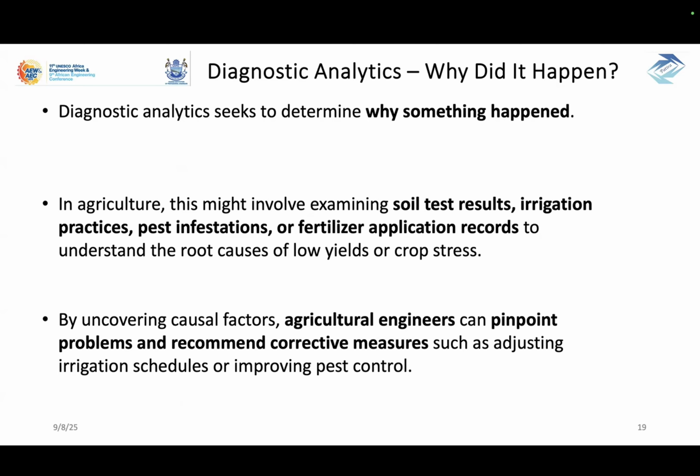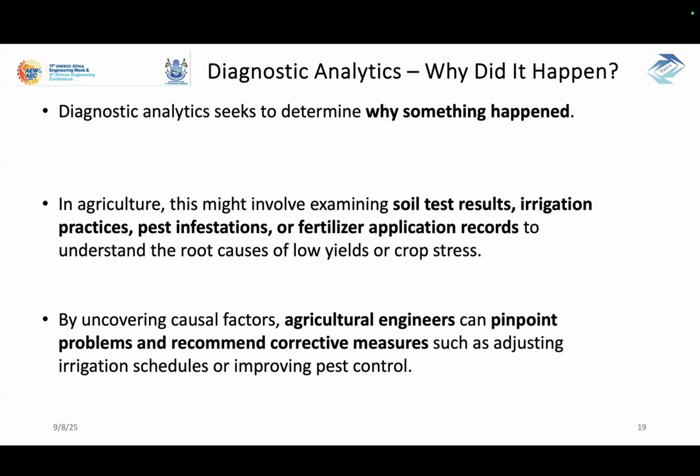So in agriculture, this might involve examining soil test results. I'm going to stick with the crop now. He's a farmer. The last 2 years his maize yields were really good, high, and then the average this year was very low. So descriptive analytics discovered that the yield was low. That was what happened.